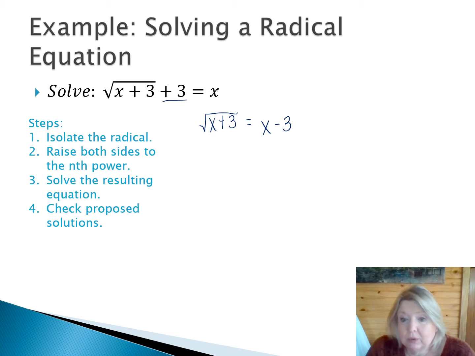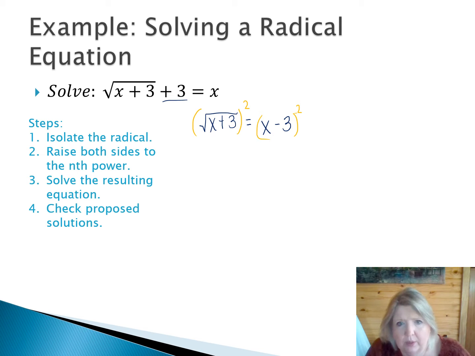Now my radical with the x underneath it is on a side by itself, so I am ready to raise both sides, in this case to the understood second power. I'm going to write it right here so that I don't waste your time on this video. Instead of rewriting the whole thing, I'm just going to show you that I'm raising this to the second power.